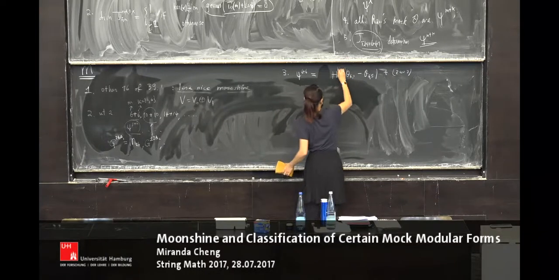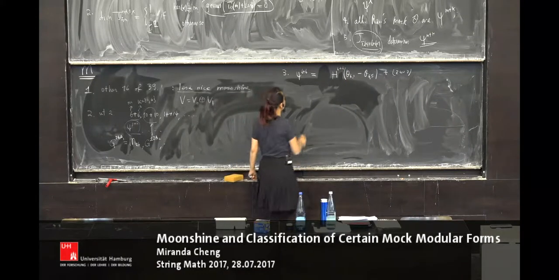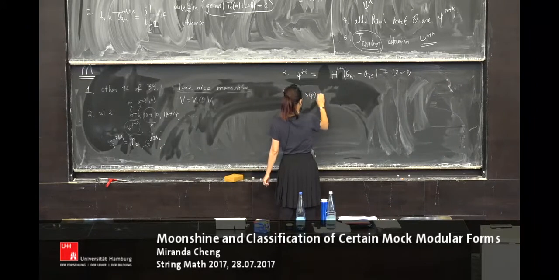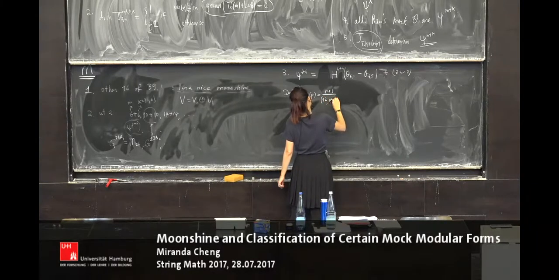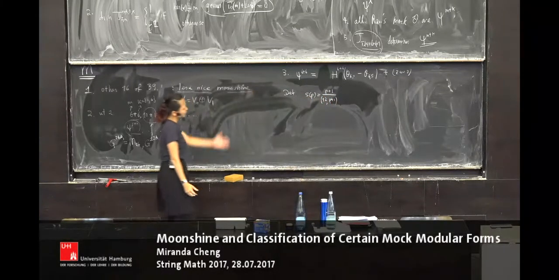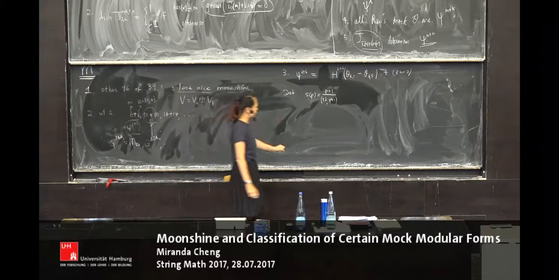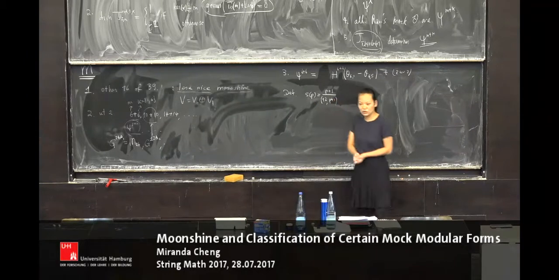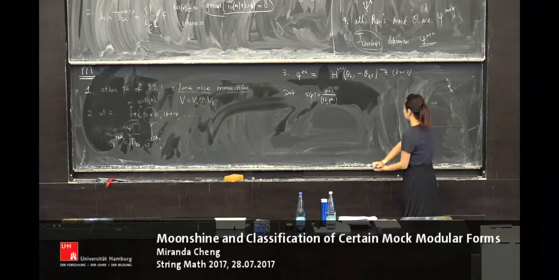So let's just call it that. And then you define for all prime p a number that's p plus 1 divided by the GCD of this. Now what you see is that for the M24, if p is a divisor of the order of M24, then this number is always either 1 or 2, okay? But what if not? You define it in general.